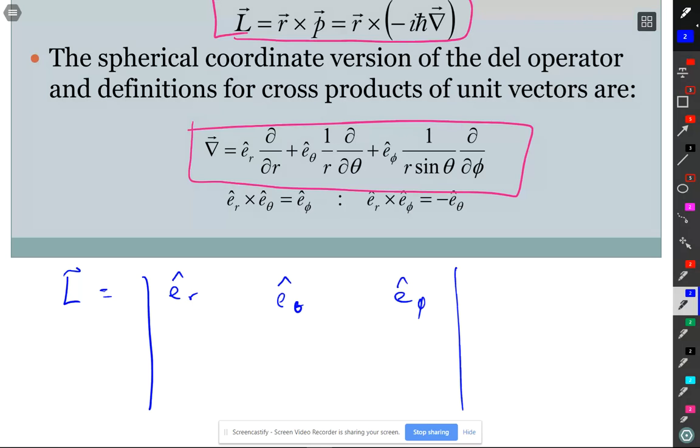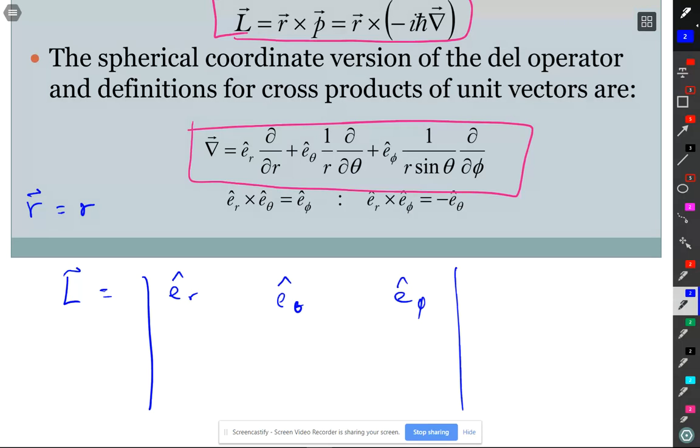And the r vector, what's the magnitude of the r vector? r. And what's its direction? It sounds very dumb when you say it. So don't feel bad if you're thinking that it couldn't be that simple.